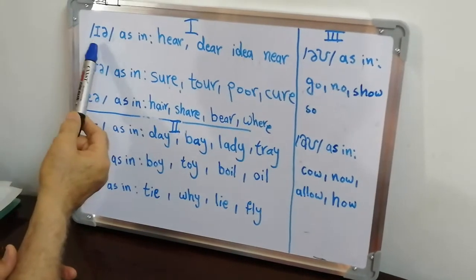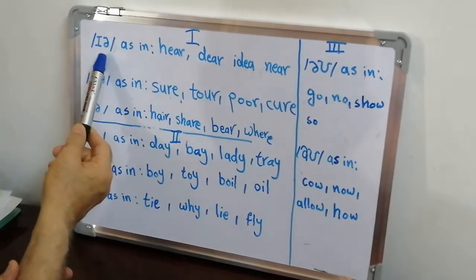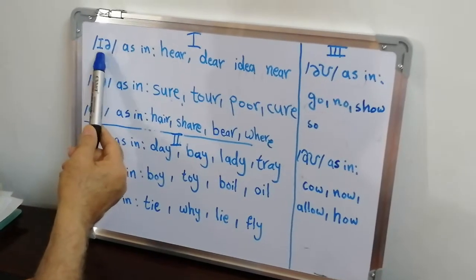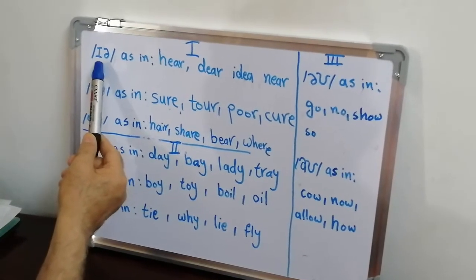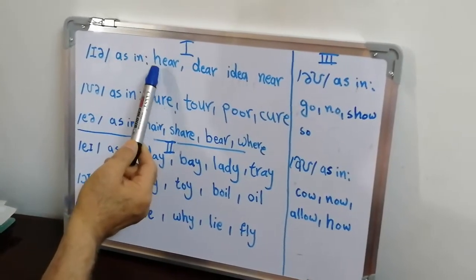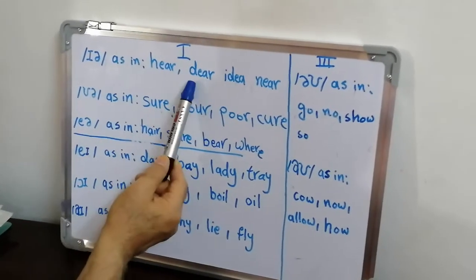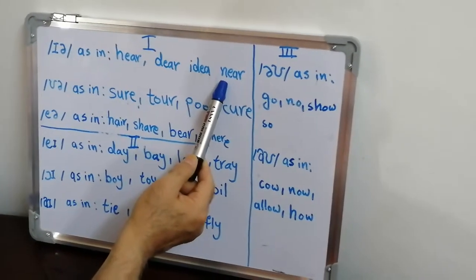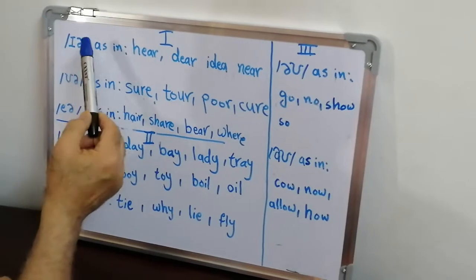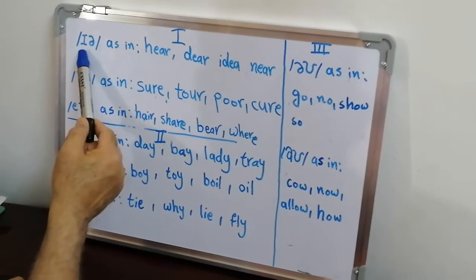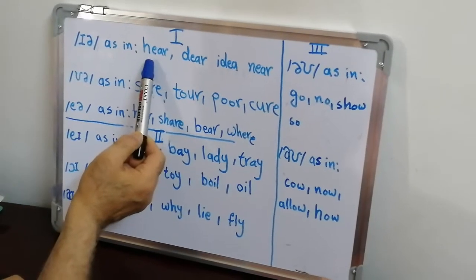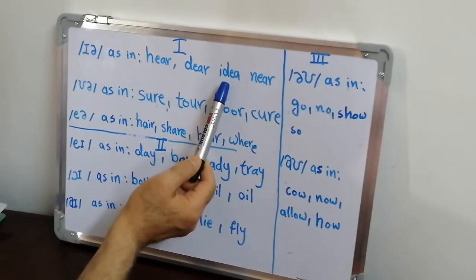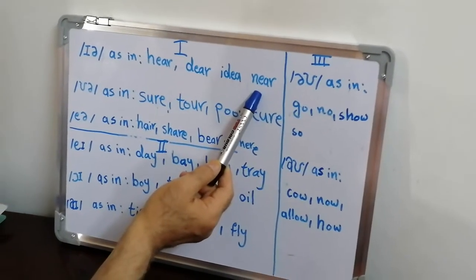Now, the first group, which ends with the vowel sound schwa. The first vowel sound is pronounced as ear, as in here, dear, idea, near. So I repeat myself.